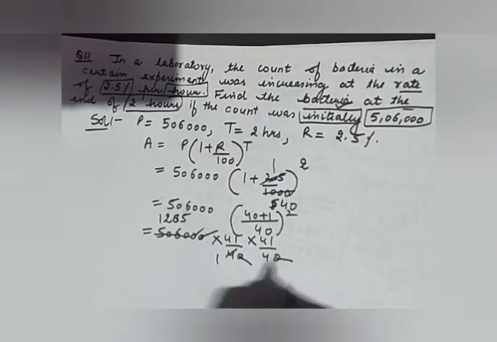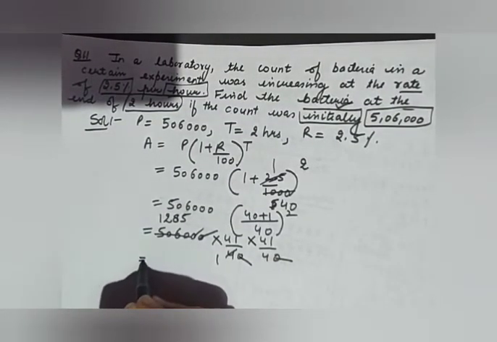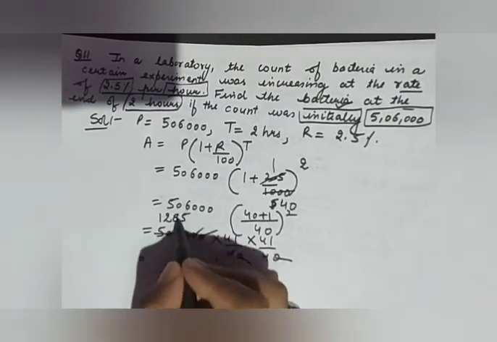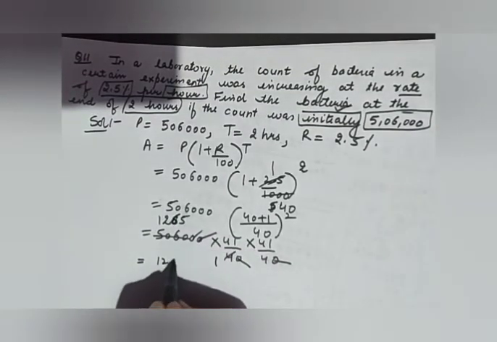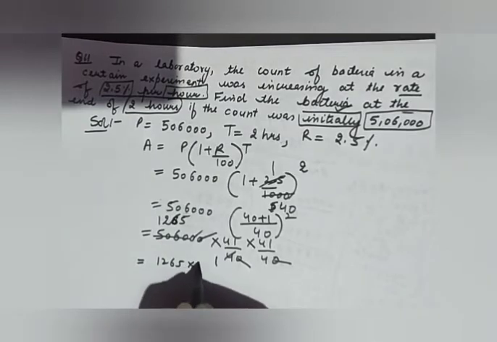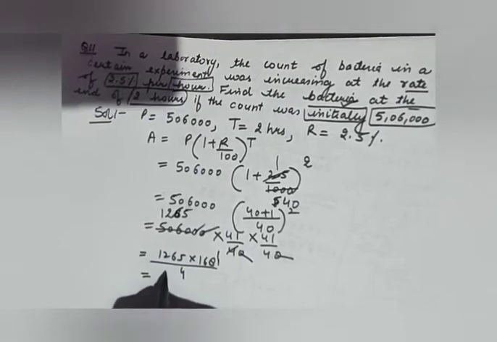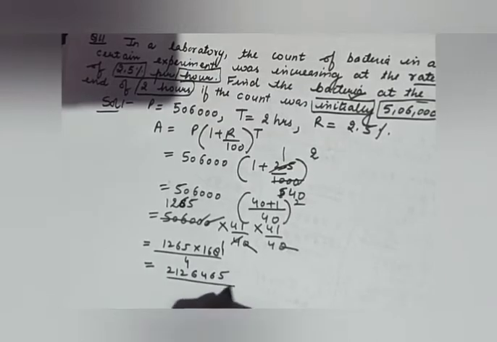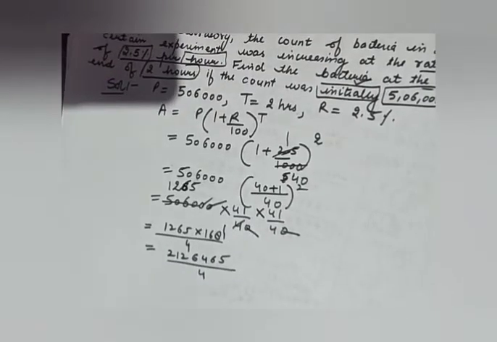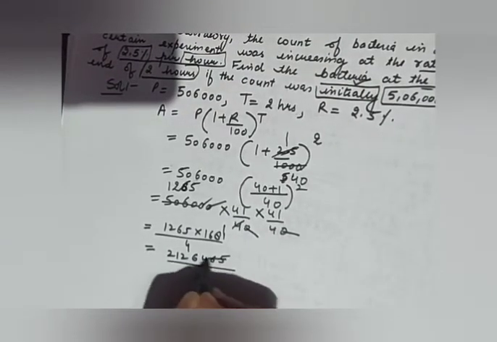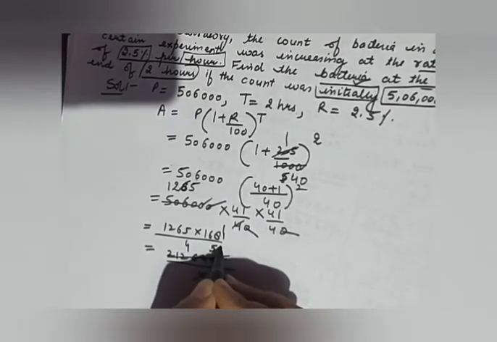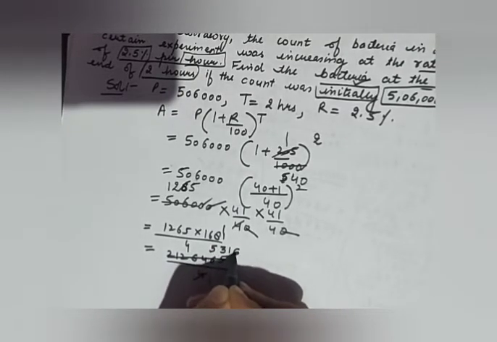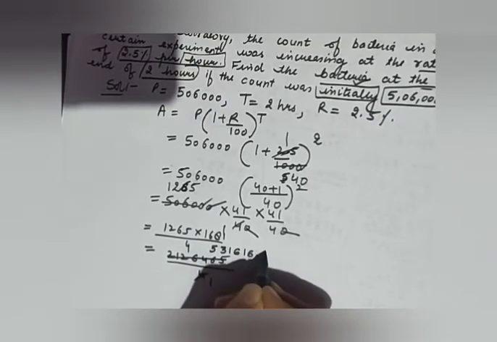So it is like, yes, sorry, it is 1265. Okay, so 1265 into 1681 upon 4, and we will be getting how much? We will be getting 2126,465 upon 4 on division, and after division we will be getting how much? It is like 5316.25.